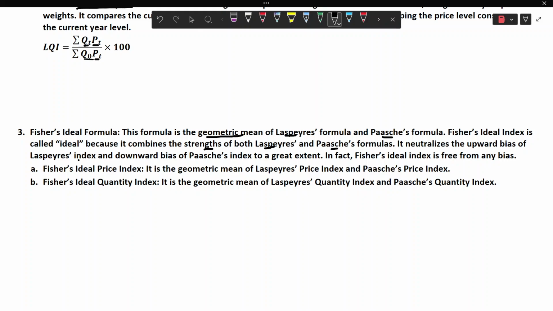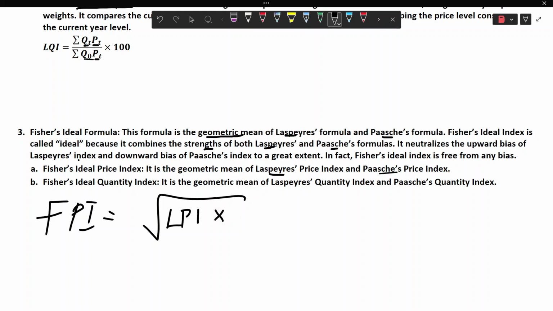So we also have Fisher's ideal price index, which uses the geometric mean of the Laspeyres price index and the Paasche price index. So Fisher's price index is equal to the geometric mean of the Laspeyres price index times the Paasche price index.